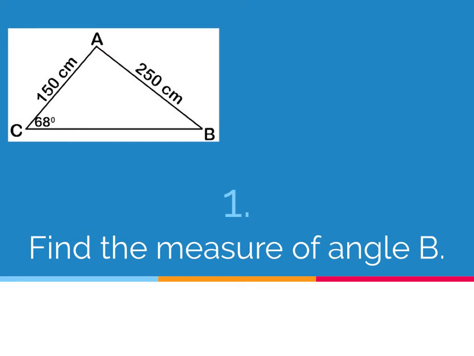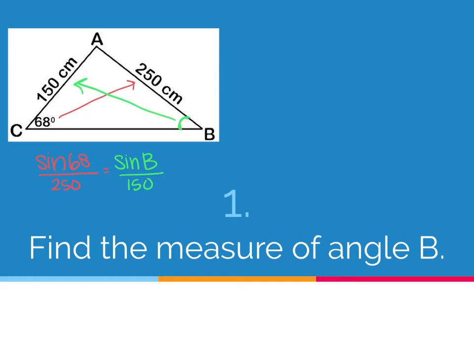As I'm looking at my triangle here, I see that I'm trying to find the measure of angle B, which is right here. I have angle C, and I have the side opposite of angle C, so we can say the sine of 68 over 250 equals sine of B, as that's what we're looking for, and I see that opposite B I have 150, so over 150.